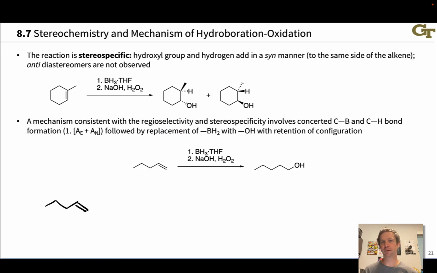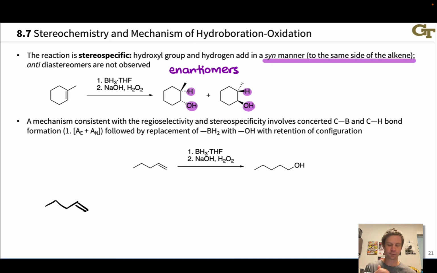Insight into the mechanism of hydroboration is provided by the stereochemistry. If we use a substrate that would give different products on syn and anti-addition of H and OH, we see that hydroboration is stereospecific. The hydroxyl group and hydrogen add in a syn manner to the same side of the alkene.